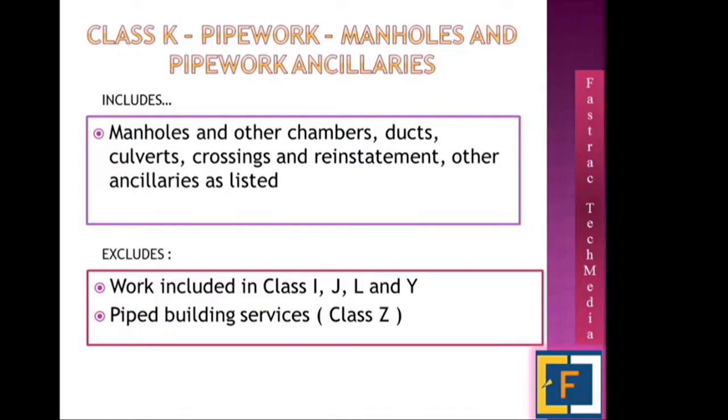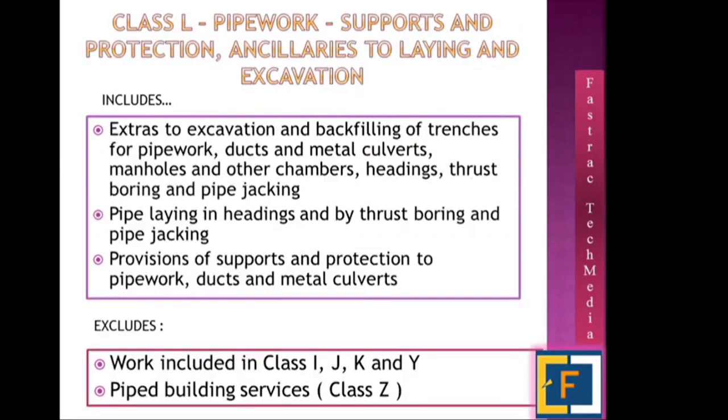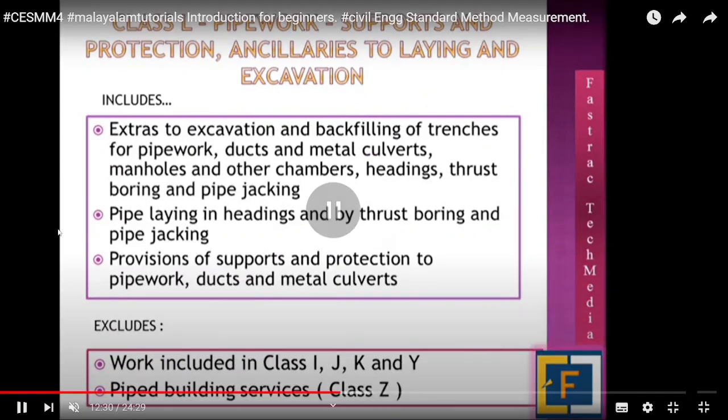This is road crossing and reinstatement of road crossing, but you will find the same for new work. So class K we will connect it to I, J, L, Y and Z. So don't get confused. Again in L, extras to excavation and backfilling to trenches for pipe work.